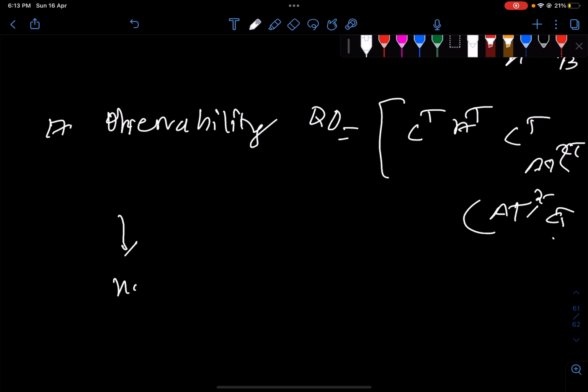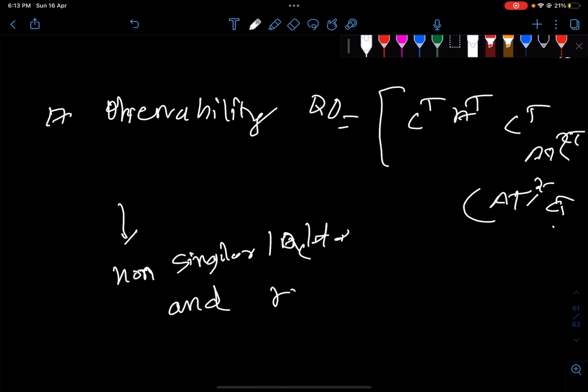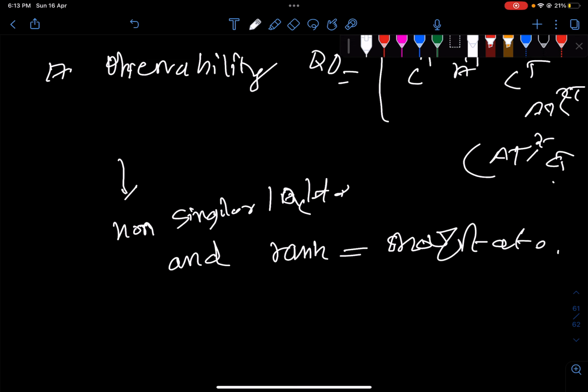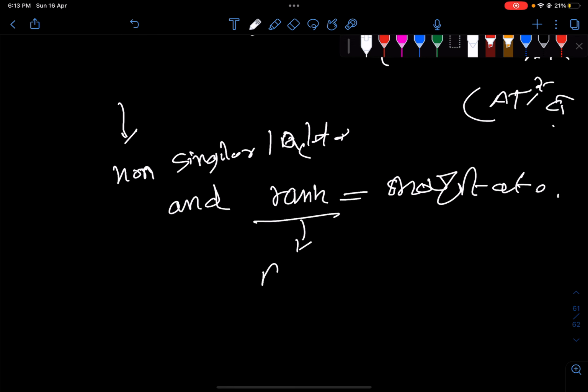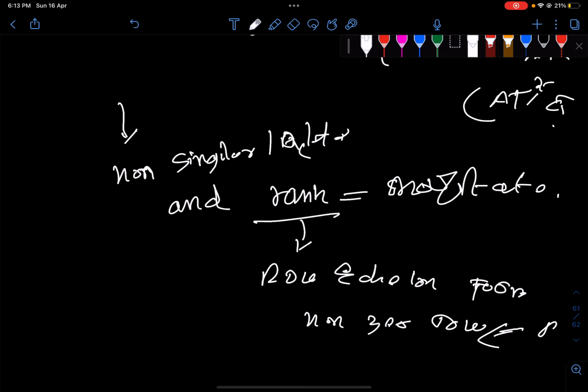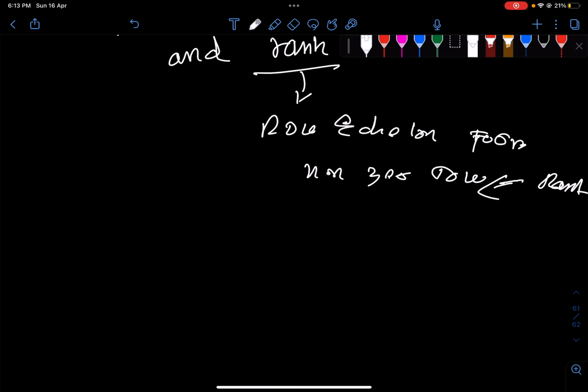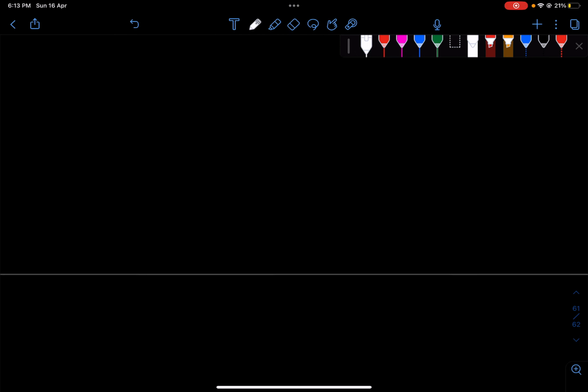Check whether it is non-singular, determinant not equal to 0, and the rank equal to the number of state variables. If so, it is controllable and observable. How to check the rank? You do row echelon form, and the number of non-zero rows is what is called the rank. So just do the operations, try to make any row 0, and from there you can conclude whether the system is observable or controllable.